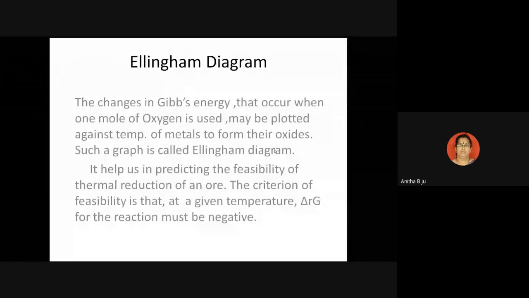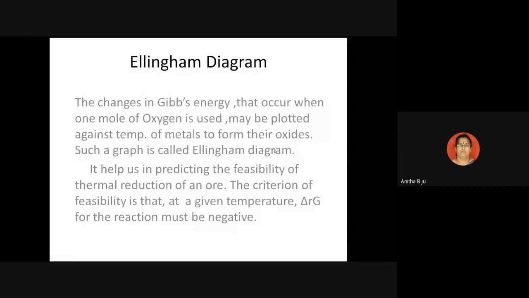The fourth stage of the extraction of metal is conversion of metal oxide into crude metal. The process that takes place is called reduction, and it is normally associated with temperature. Heat energy is required, that's why.